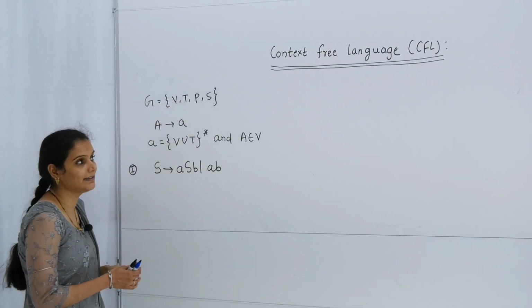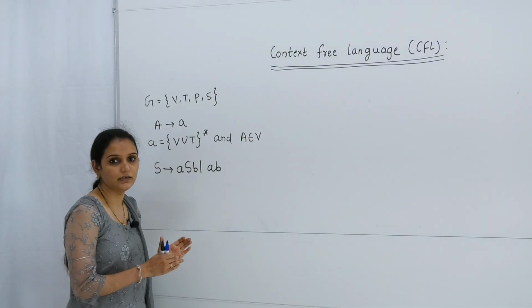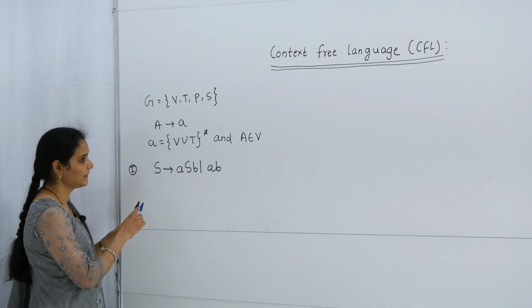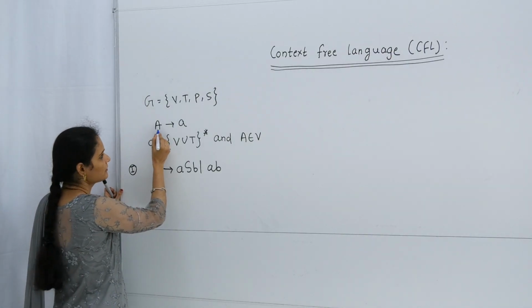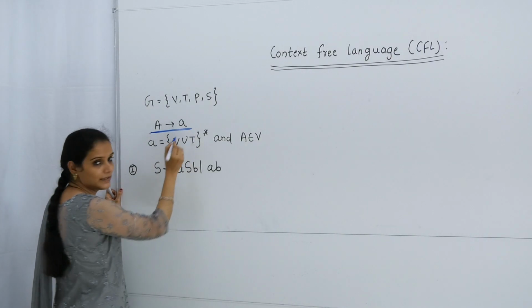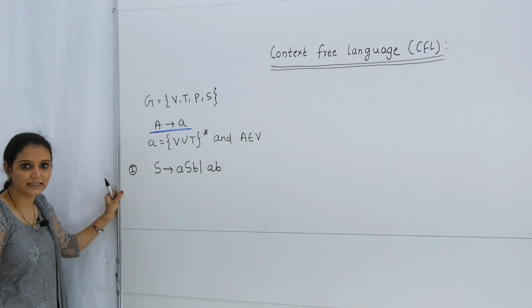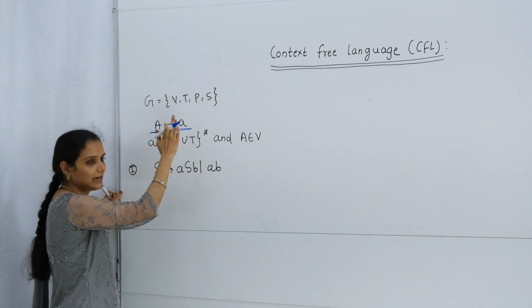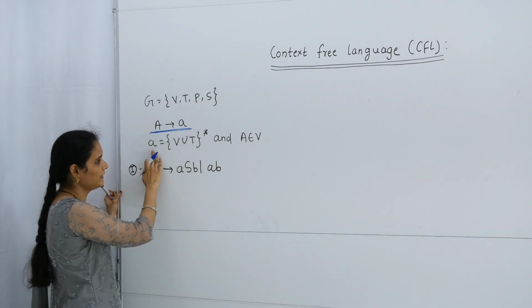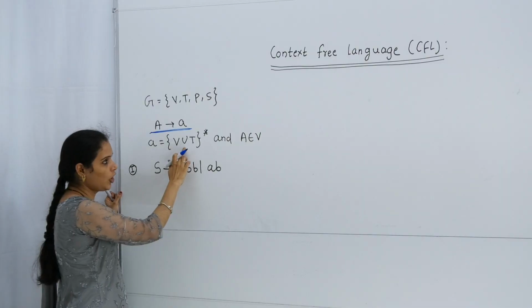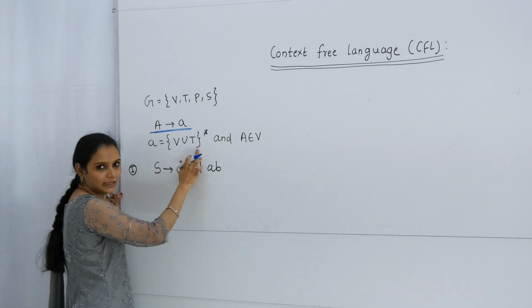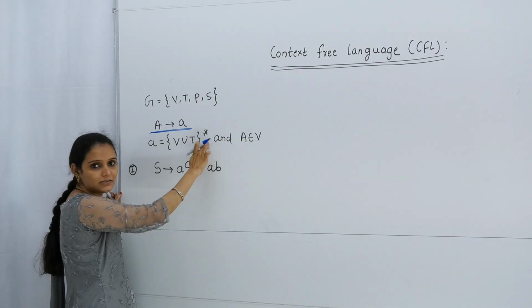So what about the context free language? How are the context free language productions supposed to look? The production of the context free language is like this: A produces small a. What is the condition over here? That small a, the right side of the production, should be non-terminal or terminal, and that is the star closure.